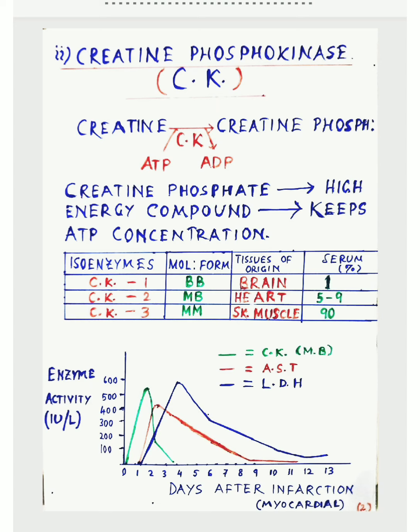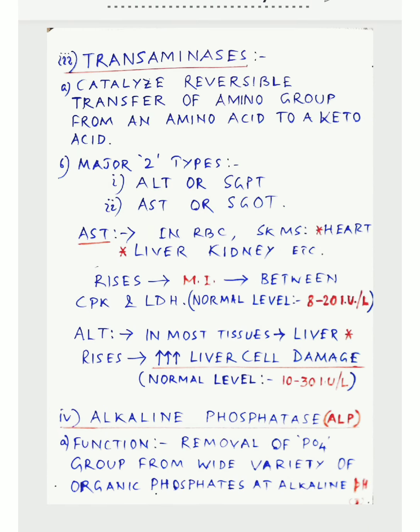Now let us come to the discussion of transaminases, of which the important ones are SGPT and SGOT. Transaminases catalyze the reversible transfer of an amino group from an amino acid to a keto acid. These enzymes are used in the catabolism as well as anabolism of amino acids, as you know.